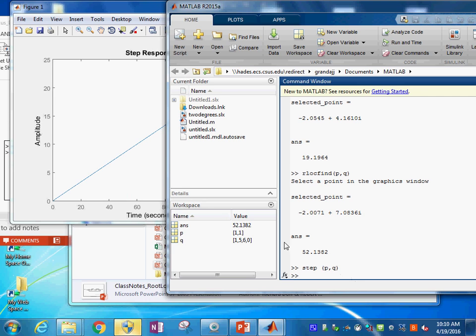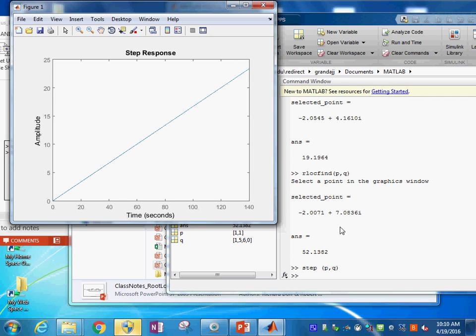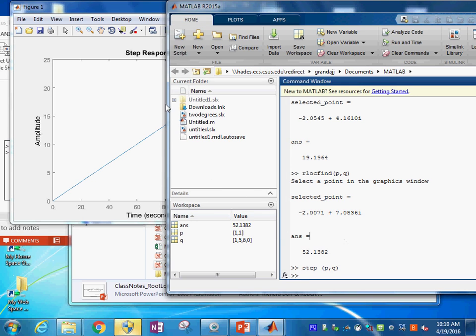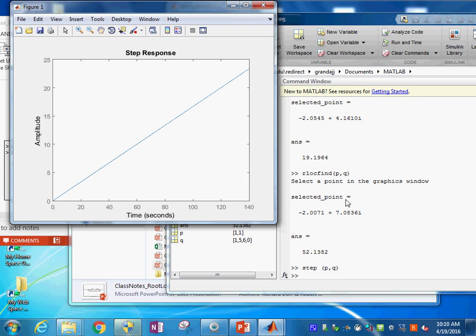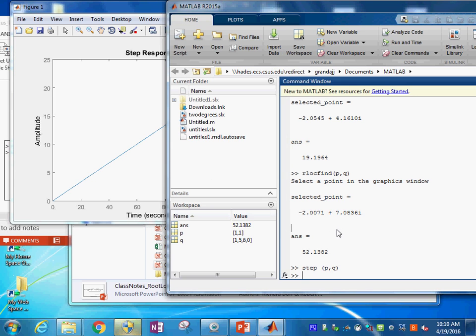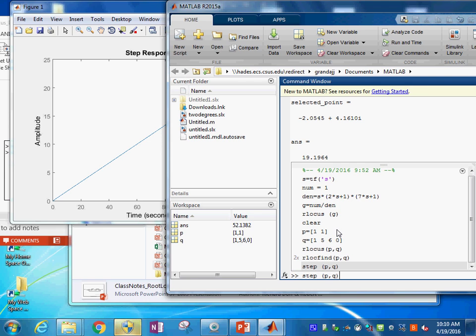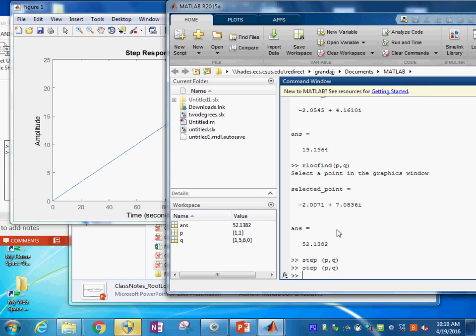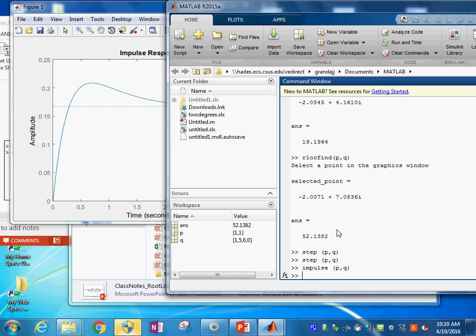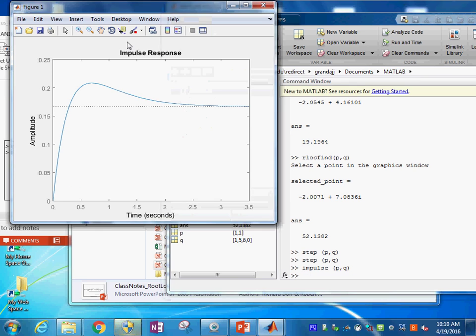And it gives you the step response for this, or the impulse response. Let's see, you could do all kinds of things in here. Like, for example, you could say impulse response of P and Q, like that, and there you have your response.